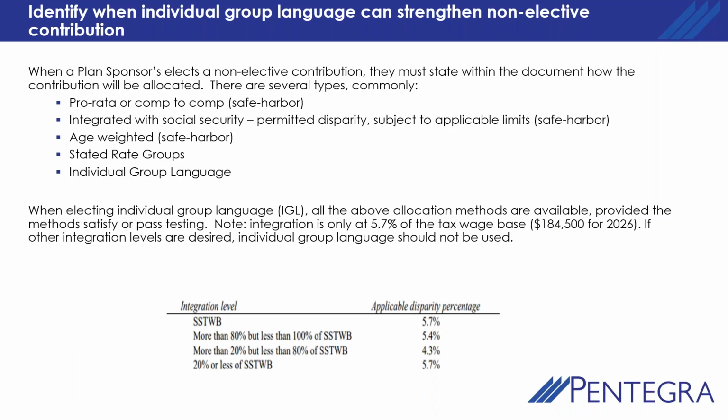So when you're designing that allocation, if it turns out that Social Security integration is going to be the most advantageous for the client, but they have to use a different formula than the 5.7 of the Social Security wage base, then you would have to move out of the individual group language and into that integrated with Social Security and state that formula within the document.